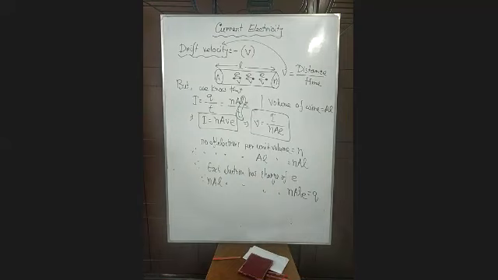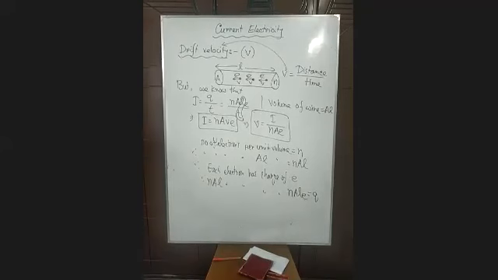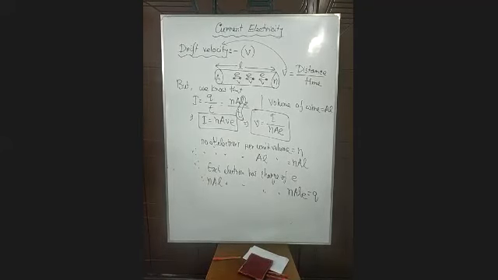Then what will be the flow of current on that conductor if the drift velocity of charge is 20,000 kilometer per second?